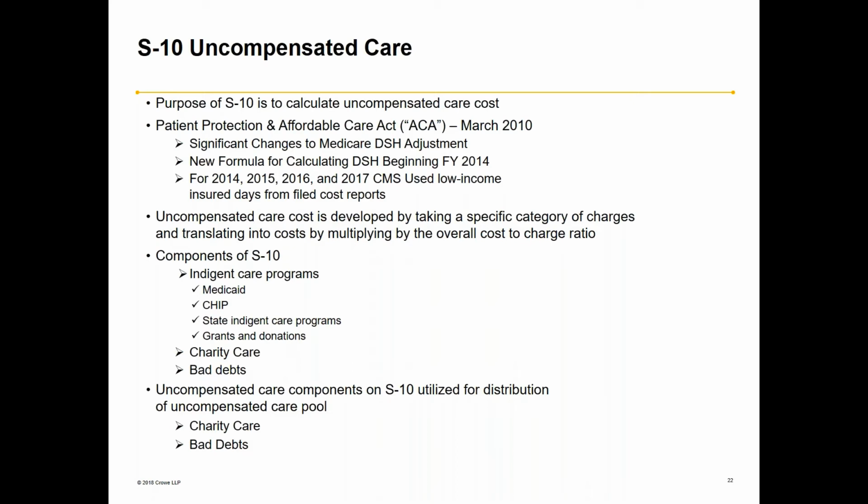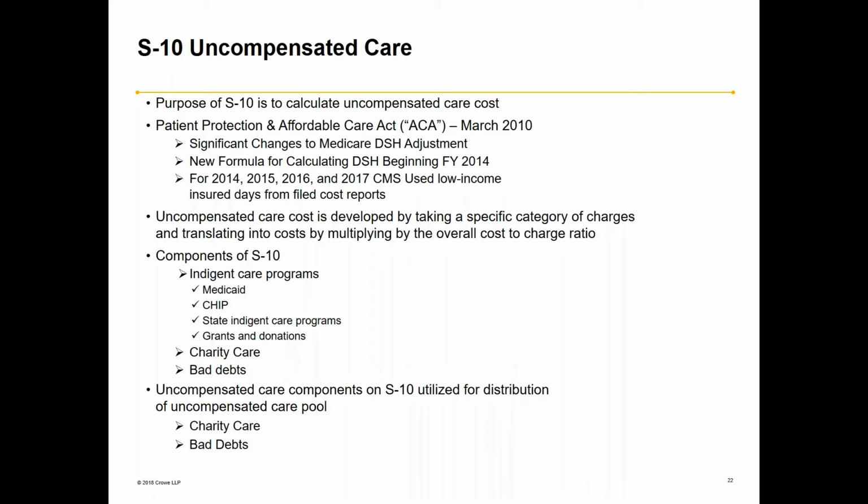And then charity care and bad debts, total bad debts, are all components that you would see on S-10 if you were looking at that worksheet. So a lot of different components go into that, and all of those components are used in different ways.